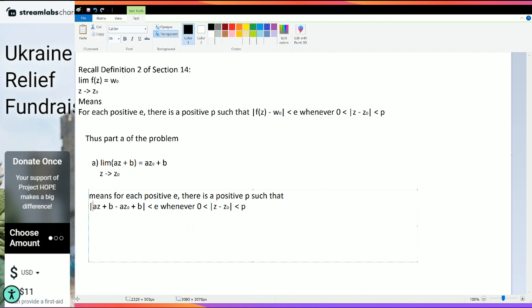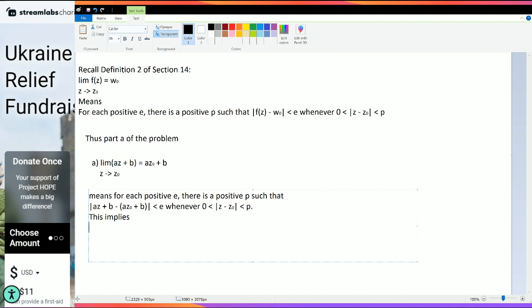All right. Let's be careful here because I think there should be parentheses right here.